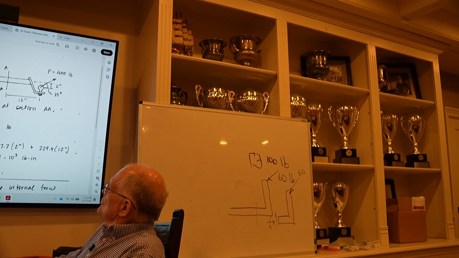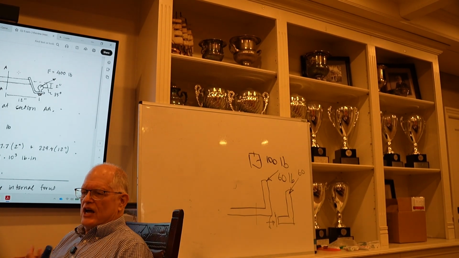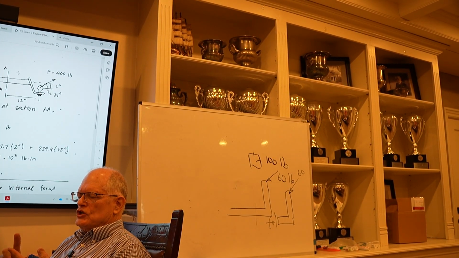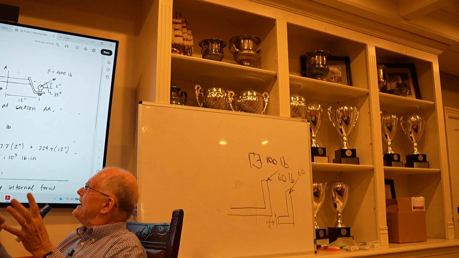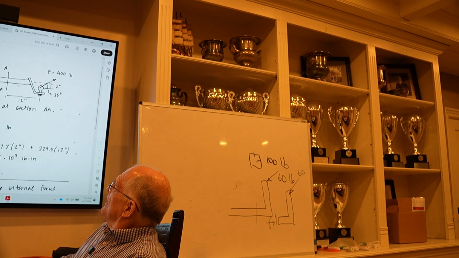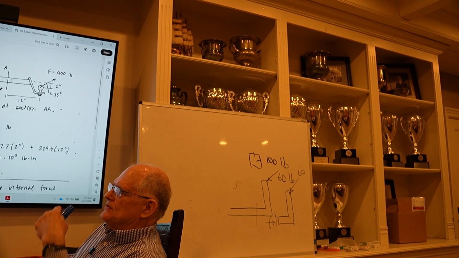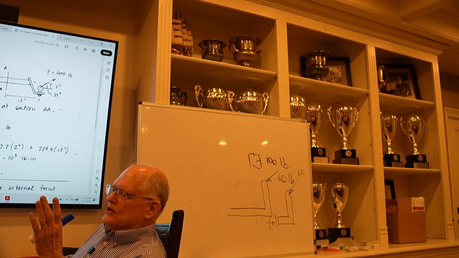So you just cut this. For the general internal force problem, you've got two choices. I can draw the free body diagram and then find these forces on the right face from equilibrium equations.